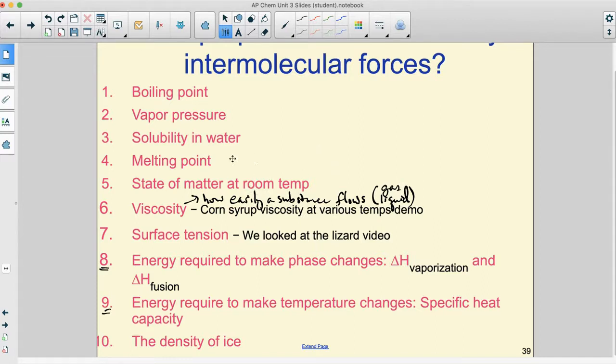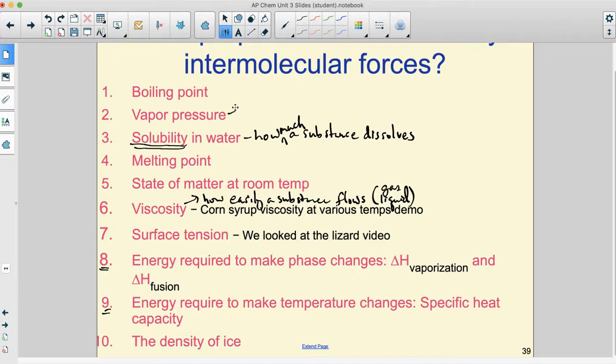State of matter at room temperature is affected by intermolecular forces. Melting point, how easily something melts. Solubility, we will talk more about that later in this unit. This is how much a substance dissolves.